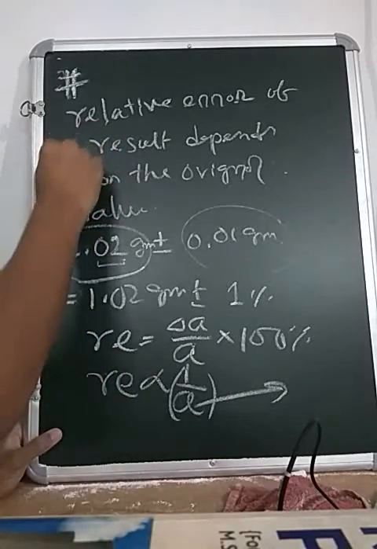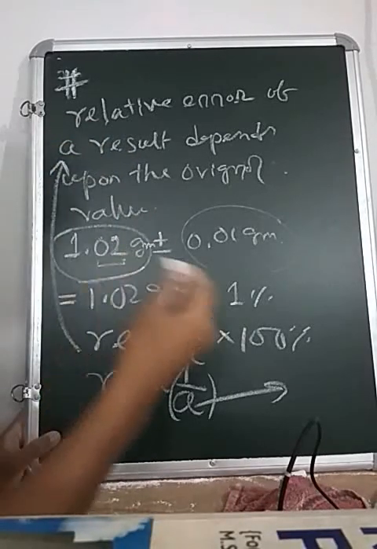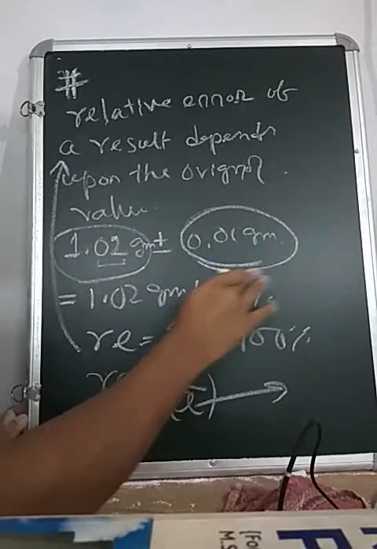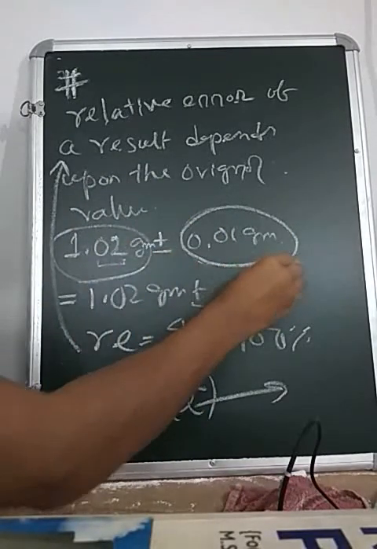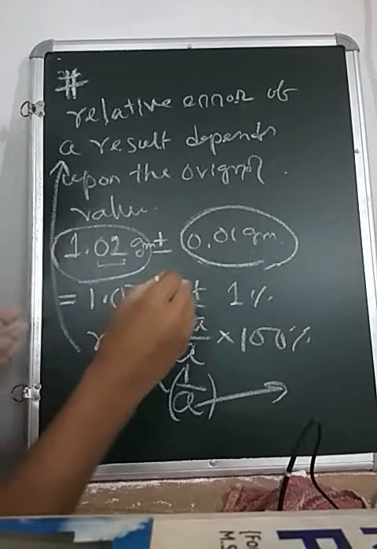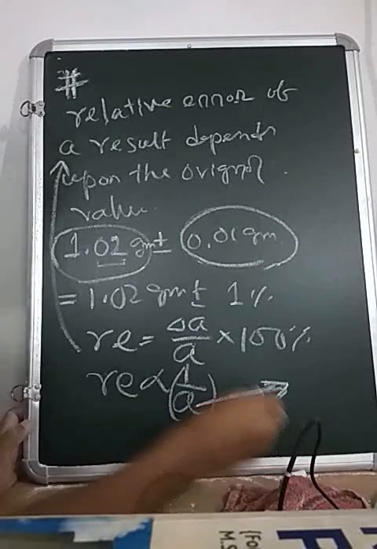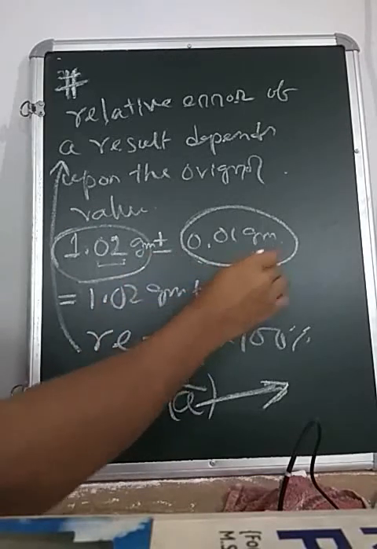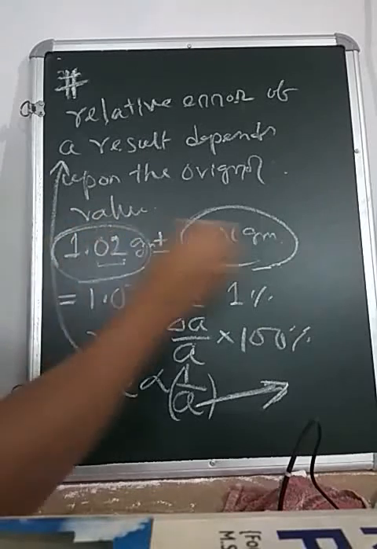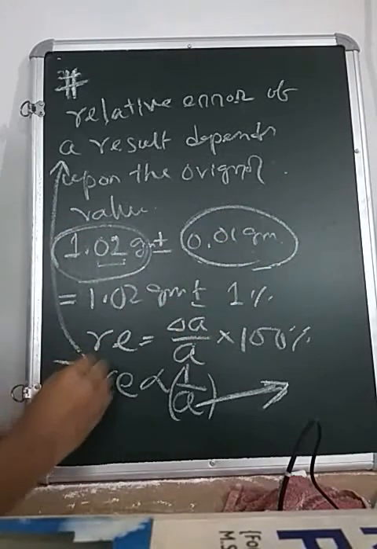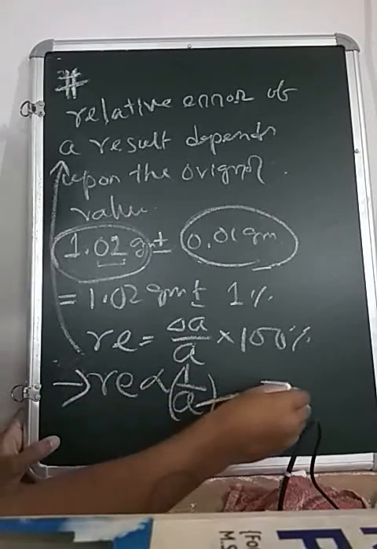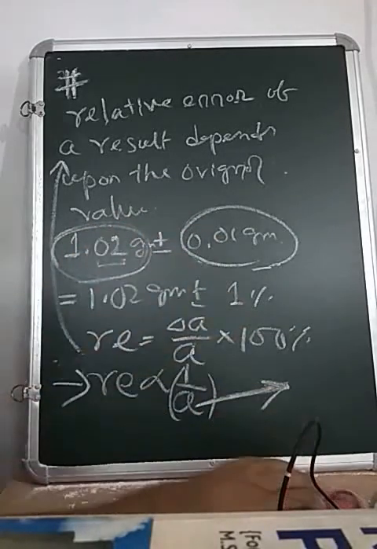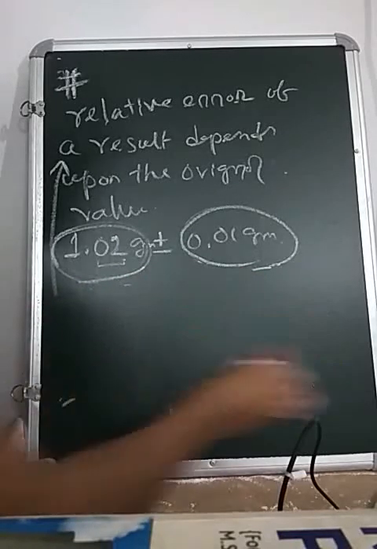Relative error depends not only on the least count or absolute error of the experimental data, but also on the original number, the original result.